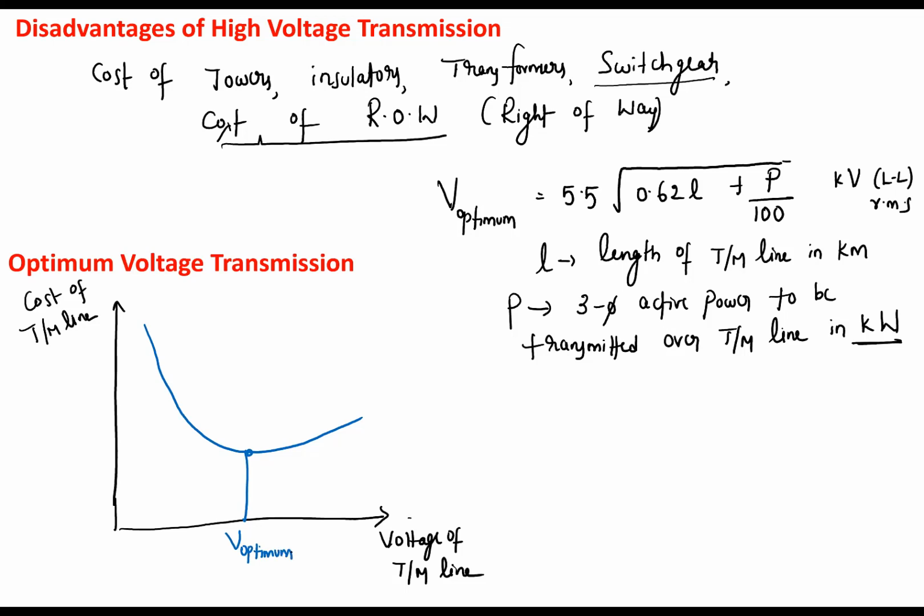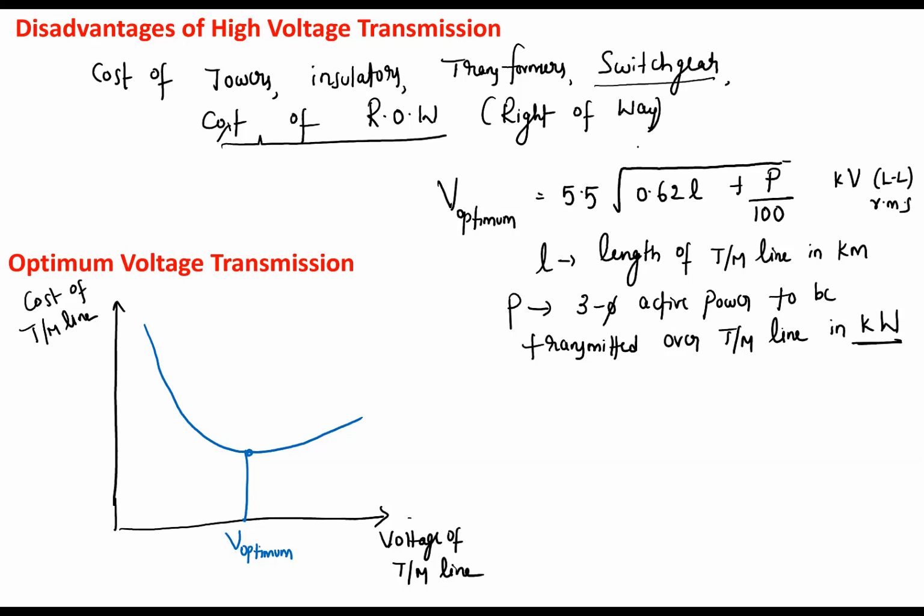Sir, how will the cost decrease? Even though there are so many costs in these disadvantages, the highest cost saving comes from the saving in the conductor material. We are able to transfer more power to the load with less volume of conductor material.